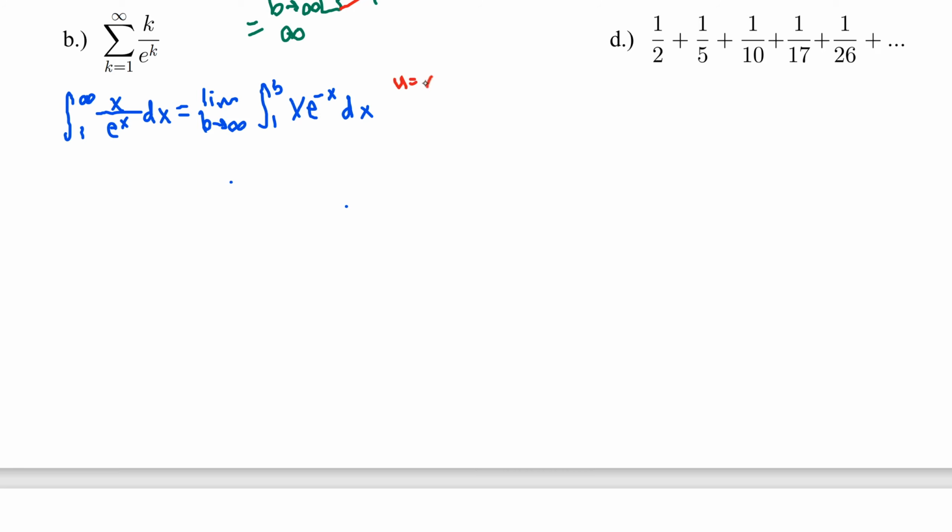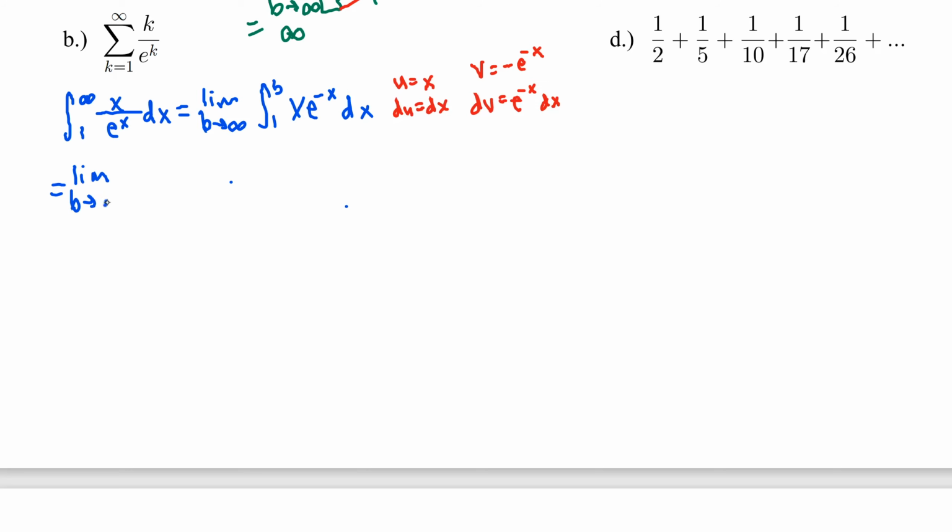So letting u be x, we see that du is dx. dv then is the leftovers, e to the negative x dx, and v would be e to the negative x divided by -1 or negative e to the negative x. So applying our integration by parts formula, I'm going to scoot to the left for a little bit of room here.